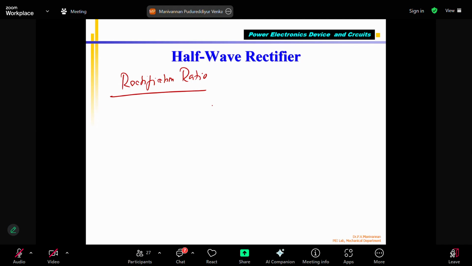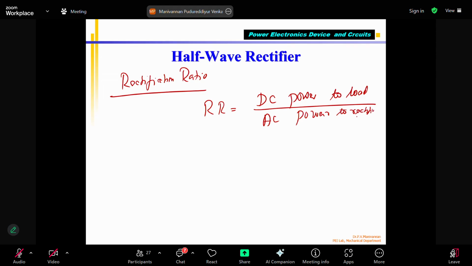Rectification ratio, I can say that RR equal to DC power to the load divided by AC power to the rectifier, or we can say the input AC power. So this is the formula.